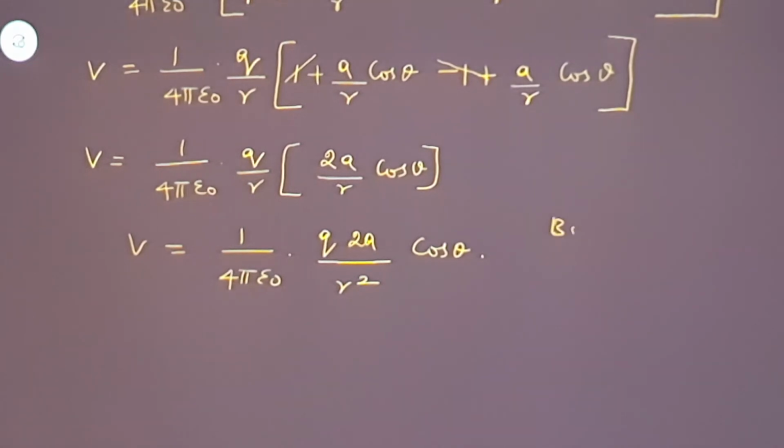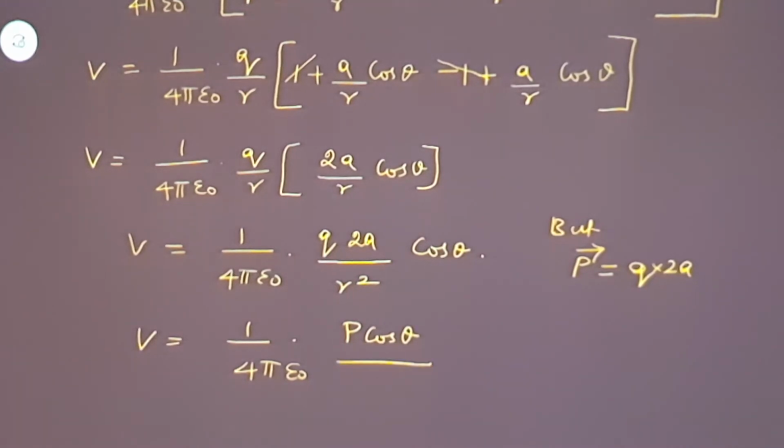See, but what is the value of P vector? That is the dipole moment. It is Q into 2A. See, here you are able to get Q into 2A. This can be written as V is equal to 1 divided by 4 pi epsilon 0 into P cos theta divided by R square.